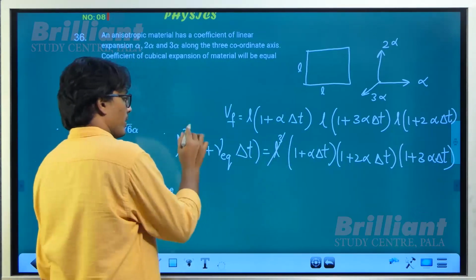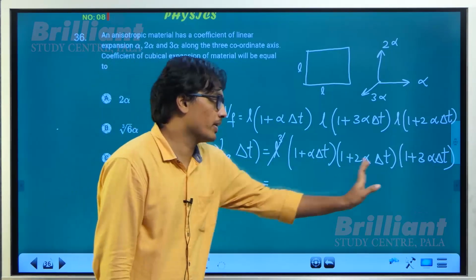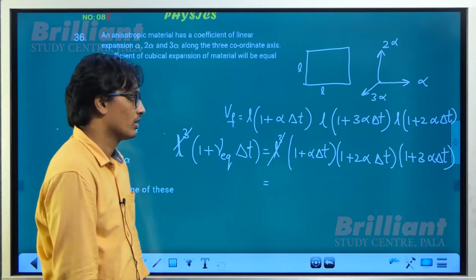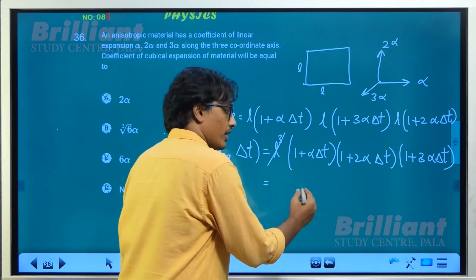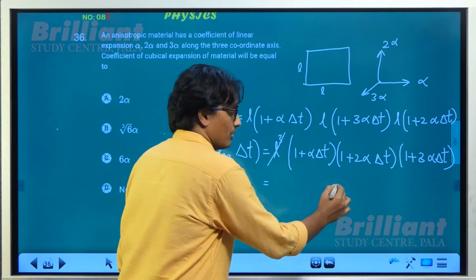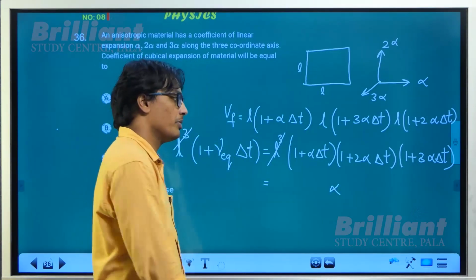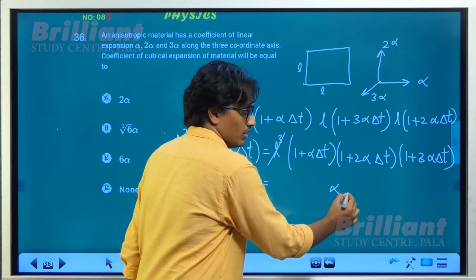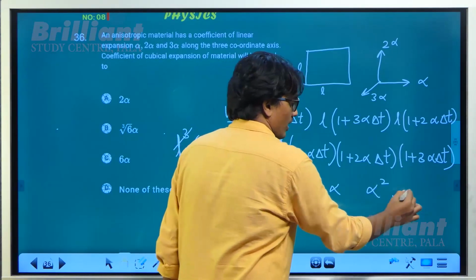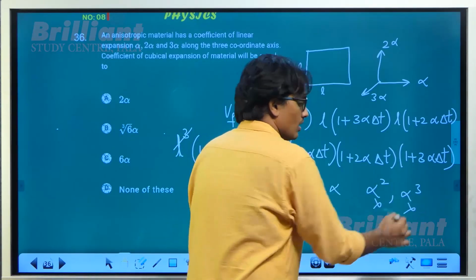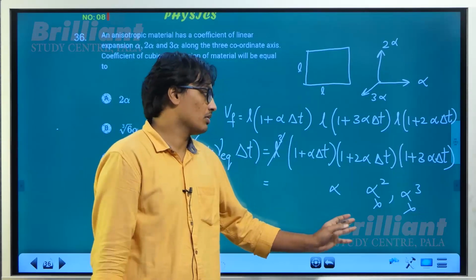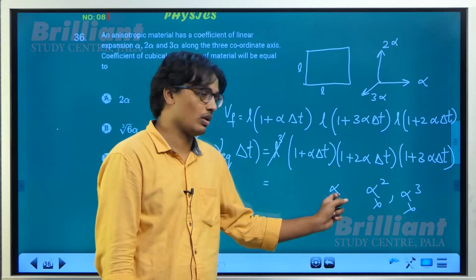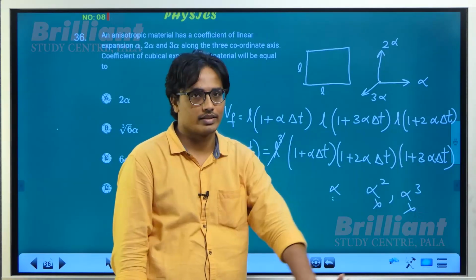L cube cancels. Now if you multiply this out, keep only alpha and cancel higher powers of alpha, like alpha square and alpha cube, because alpha is very small, so anything with alpha to a power other than 1 can be neglected as it's 0.